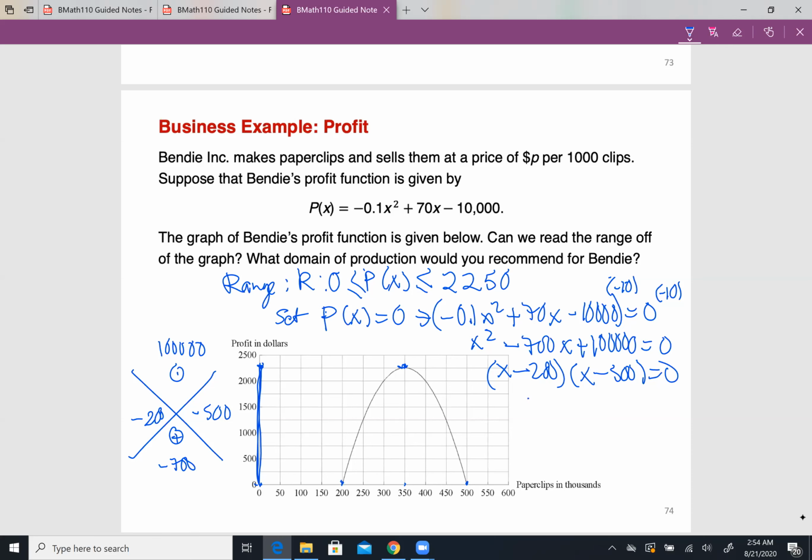And then you're going to say x equals 200 or x equals 500. So this is exactly 200 and this is exactly 500. So the domain of production I would recommend is x in between 200 and 500.